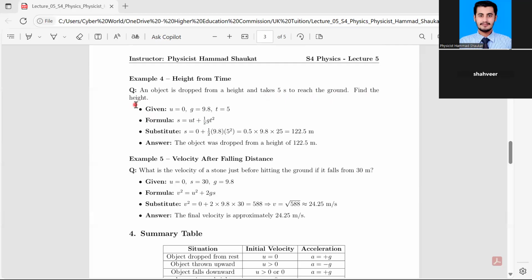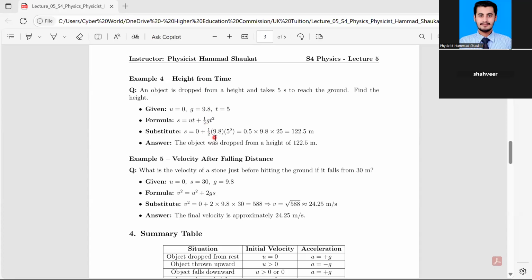The second one. Yes, the second one. This is your second equation of motion. Just put in the values: u, which is 0, and time, which is 5. So 5 multiplied by 0 becomes 0. Then 1 by 2 g t square. G is not given, but you have to use 9.8, because your ball is dropping downward.